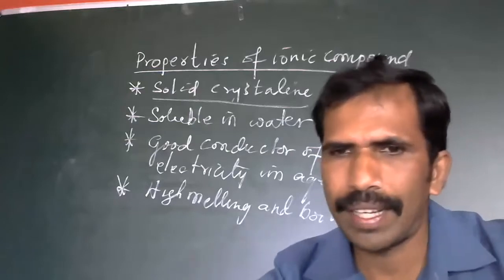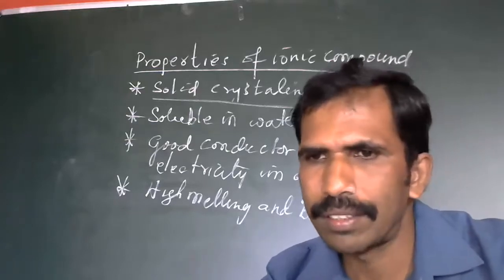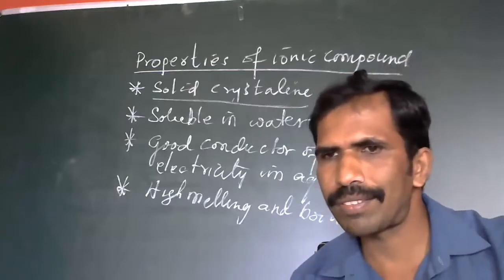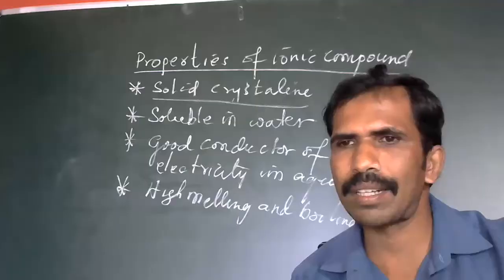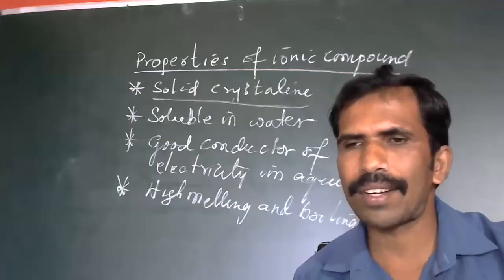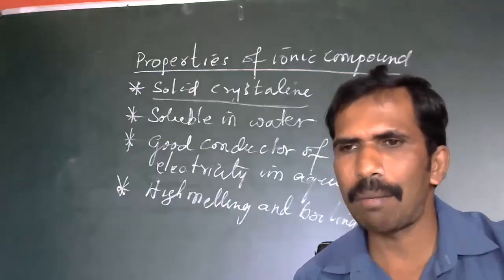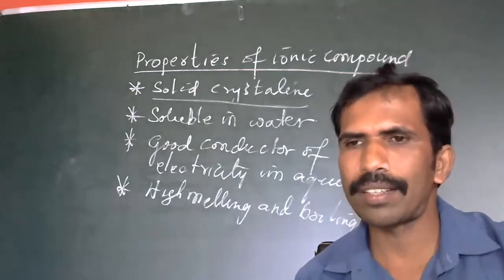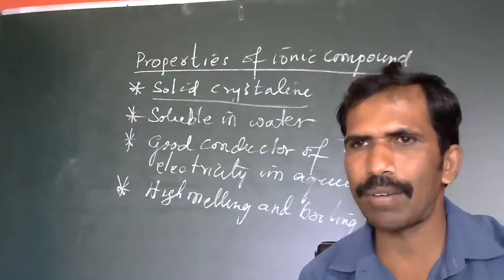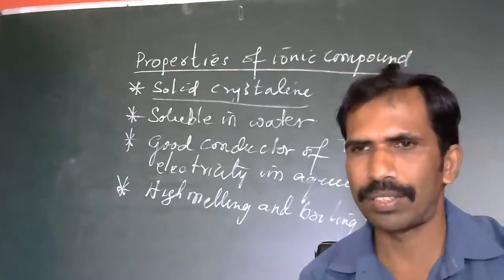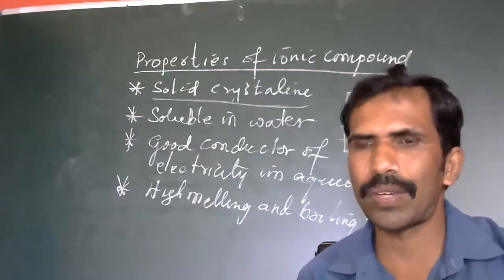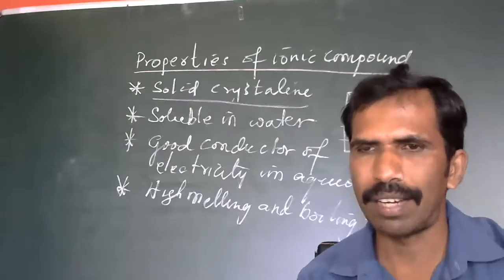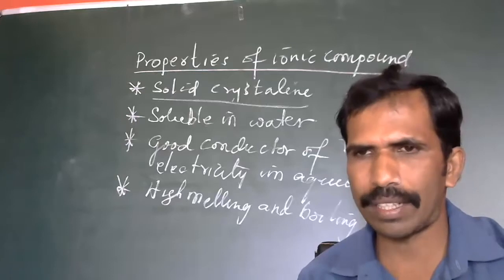Bhuvana is asking one question: are free electrons produced in ionic compounds? No, ionic compounds do not produce free electrons. When ionic compounds dissolve in water, they produce ions. This is ionic conduction. There are two types of conduction: electronic conduction and ionic conduction.